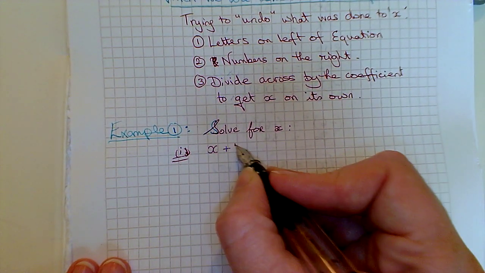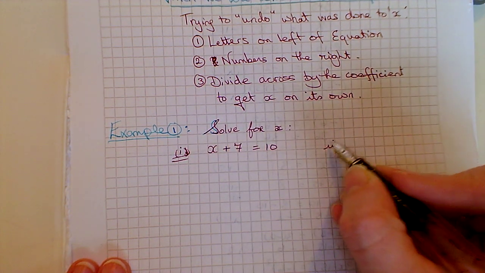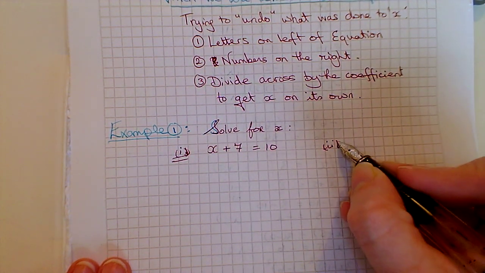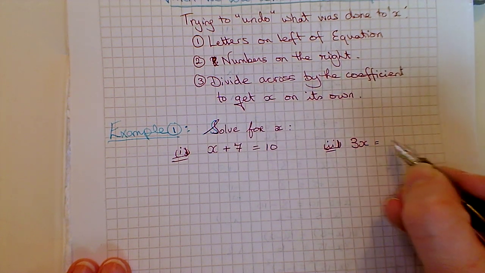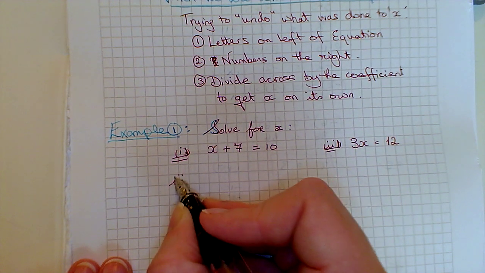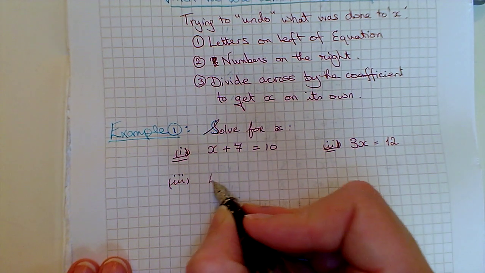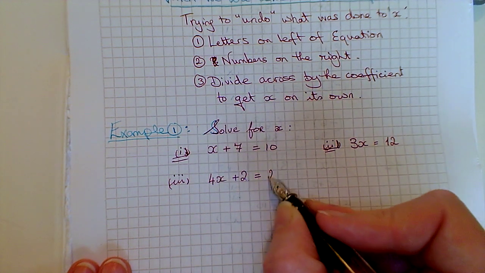X plus 7 equals 10. We'll build it up nice and slowly. 3x is equal to 12. Four x plus 2 is equal to 28.